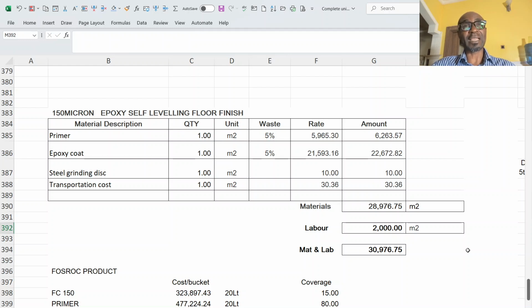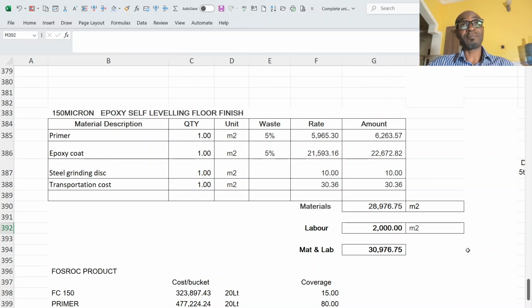Their material is about half the price of First Rock, but you still have the same quality, the same appearance. But in terms of name, First Rock has the name more than the Apex brand.